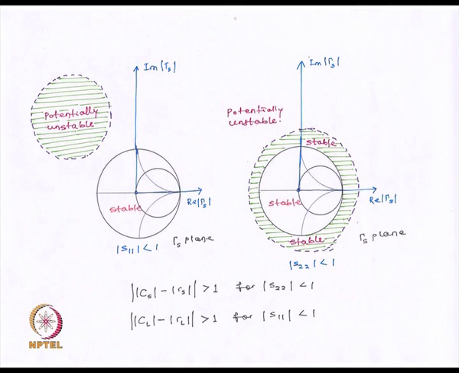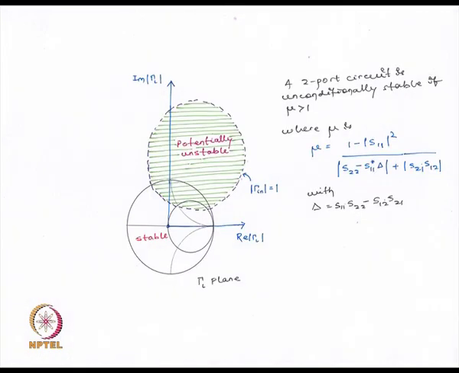Now, these two cases that I just mentioned are the cases for unconditional stability, that is, all points inside the Smith chart will always be stable irrespective of what load I connect. So, this parameter mu defined like this actually measures the difference between the position of the center from the origin and the radius of the stability circle.